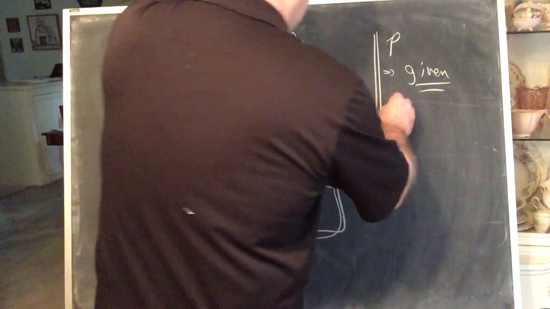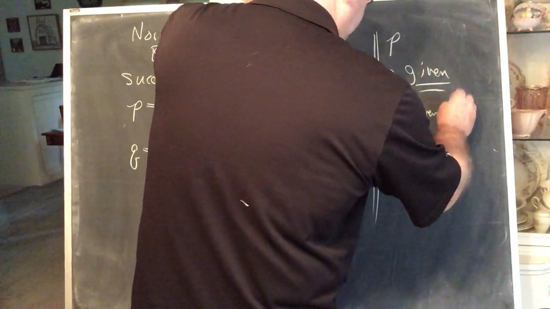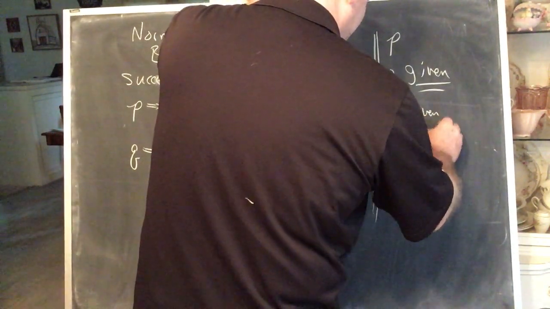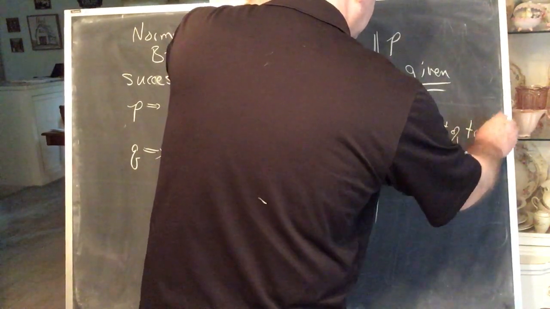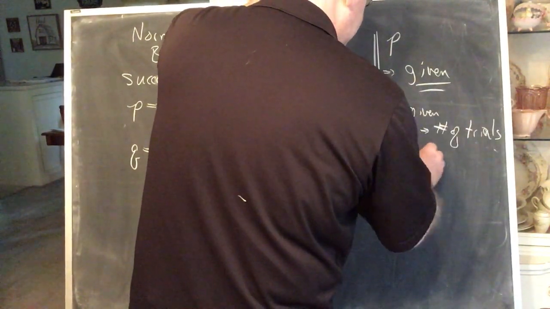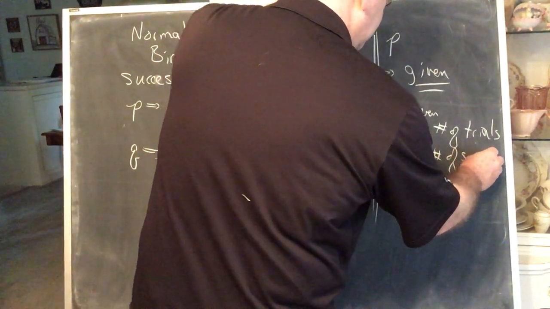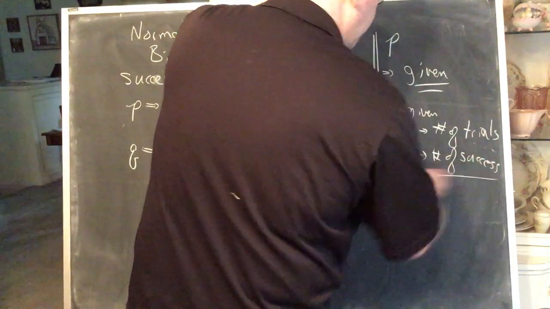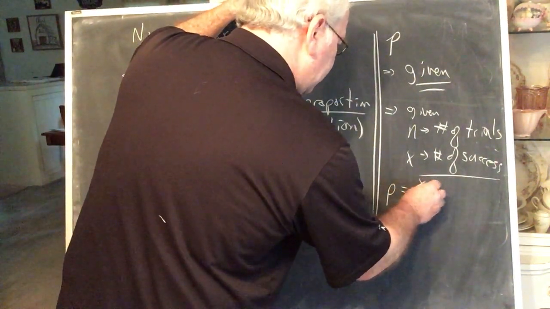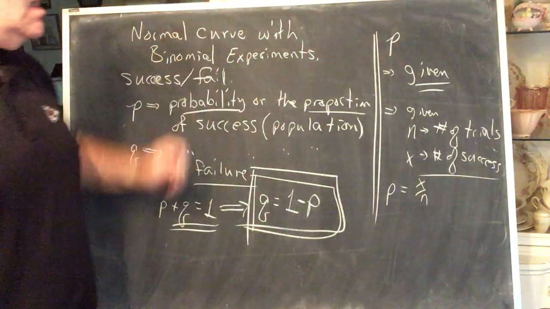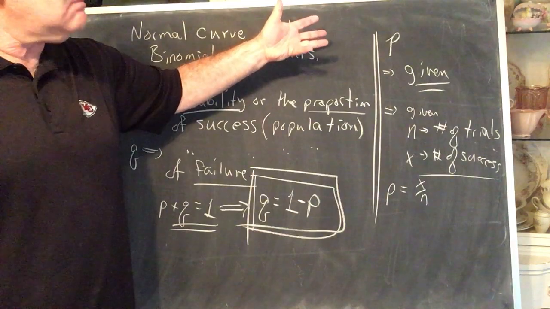The other way that P could be known is this. You might be given N, the number of trials, and X, the number of successes. And in that scenario, P is given by X divided by N. Typically, for most of our work, P will be explicitly given.